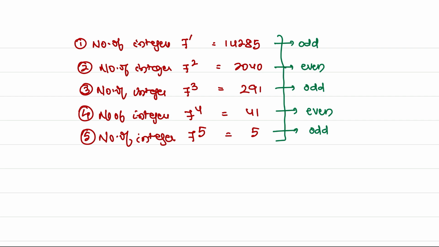In the first case, please try to understand: when 99,999 is divided by 7, we have got 14,285. That is the total number of integers.